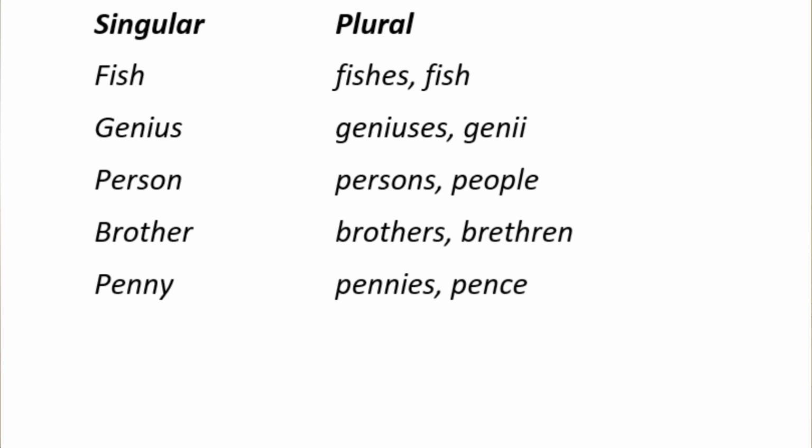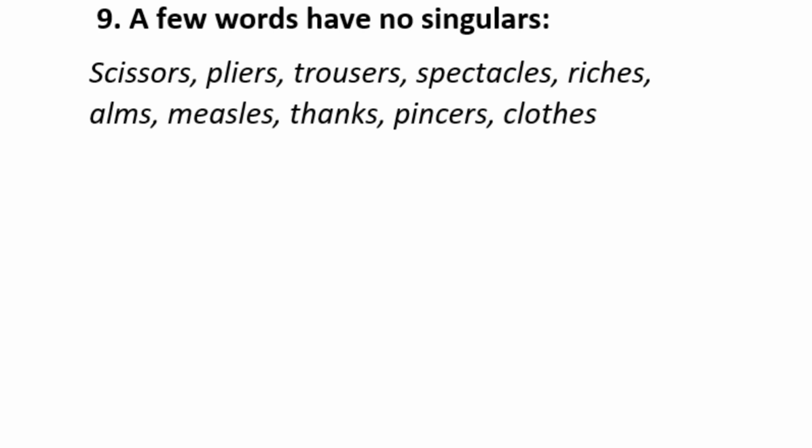Also, do you know a few words have no singulars at all? There are some words that do not have singulars at all. Let's take a look at these words. Scissors. Nobody says scissor. We have pliers. Trousers. Nobody says trouser.